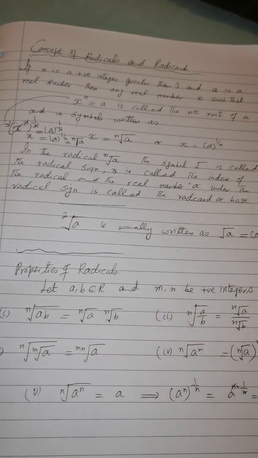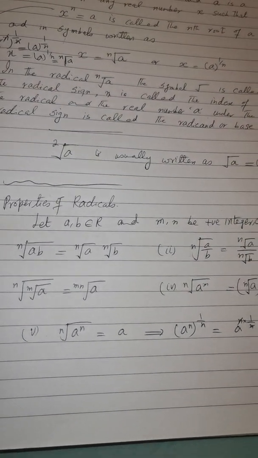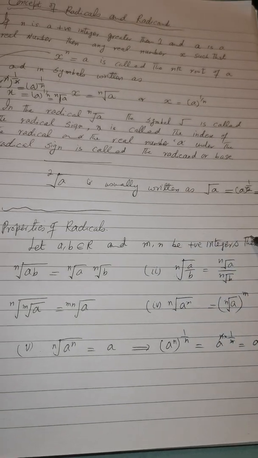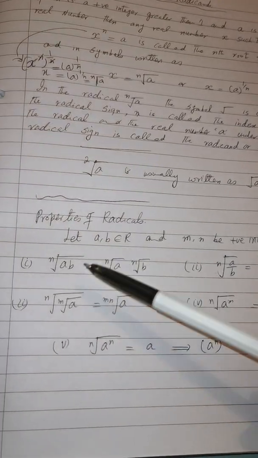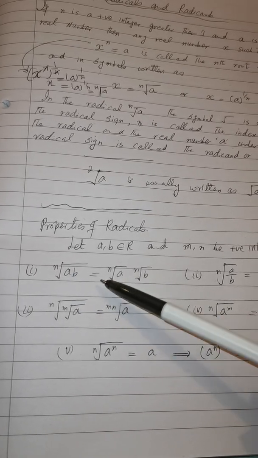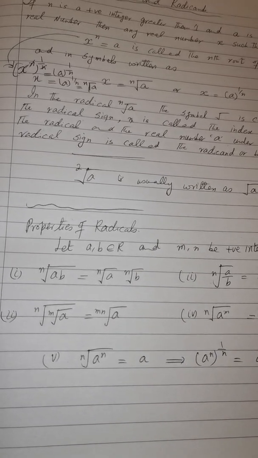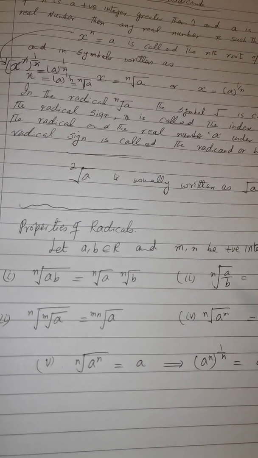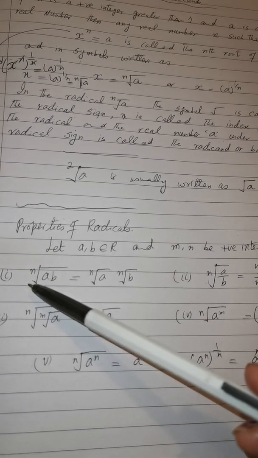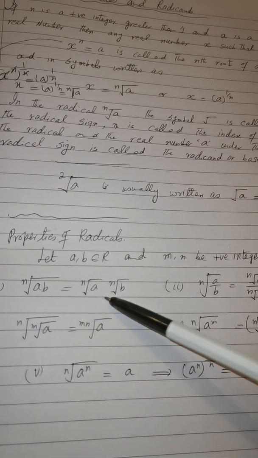Now we will learn about the properties of radicals. Let a and b belong to real numbers, and m and n be positive integers. Then the nth root of ab can be separated: a under root n and b under root n multiplying each other.